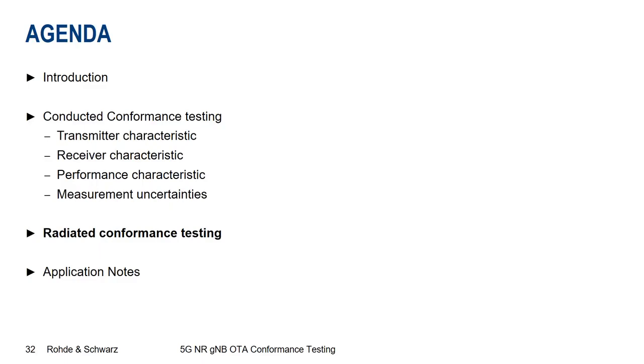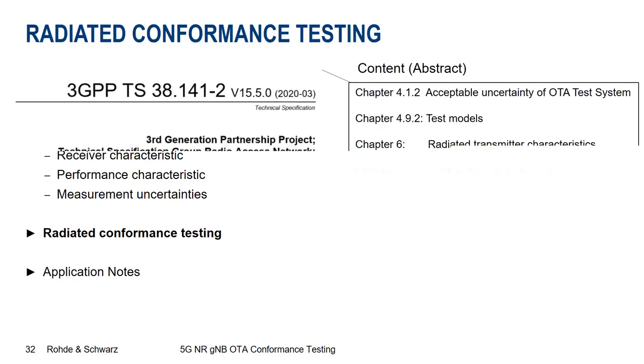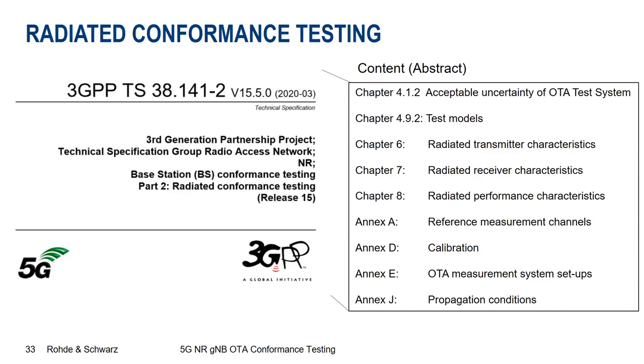Next topic is radiated conformance testing, and due to time I cannot go into the details here, so it is more a quick overview. All the radiated conformance tests are covered in the 38141-2, and also here the latest released version is 15.5 from March this year.